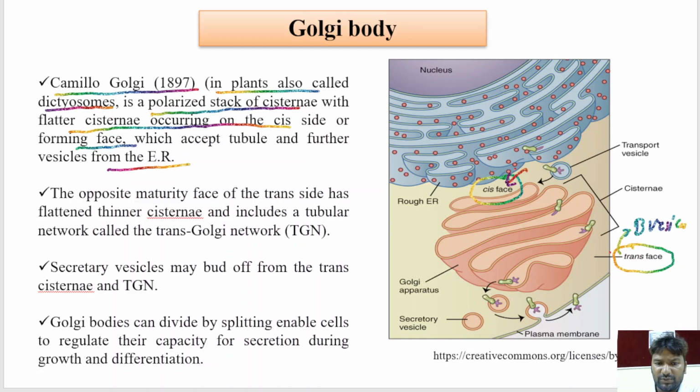And the opposite maturing face, the trans side, has flattened thinner cisternae and includes a tubular network called the trans Golgi network, and this cis face has the cis Golgi network. And secretory vesicles may bud out from the trans cisternae or trans Golgi network. So these are the vesicles transported from the endoplasmic reticulum, moved from cis face to trans face, and then later bud off from the trans face.